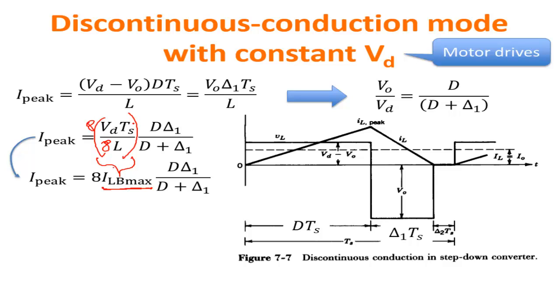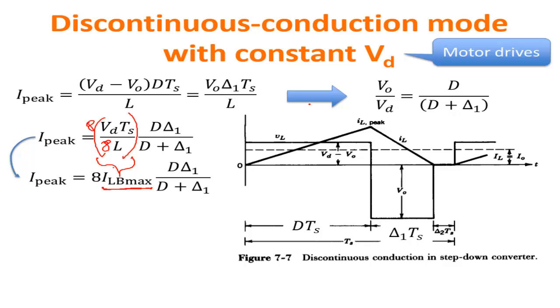We call this ratio divided by 8 I_lbmax, and then we multiply by 8. You shall see what actually this I_lbmax is, and it's pretty easy to know. This is exactly the previous expression.